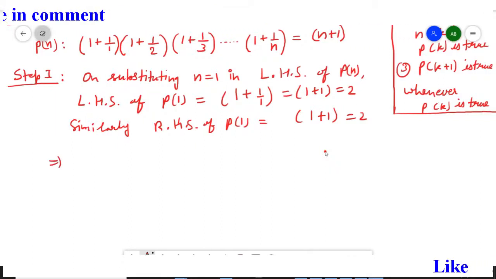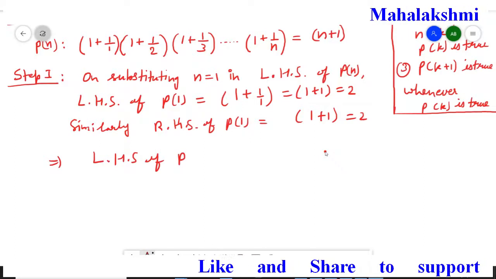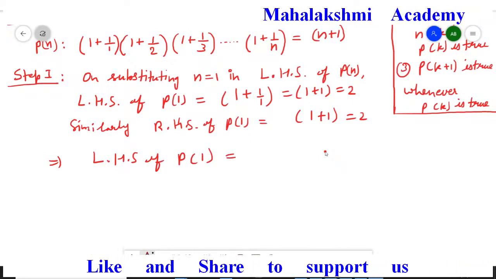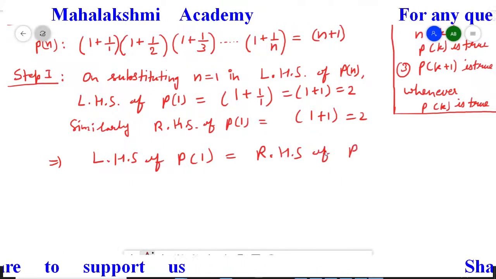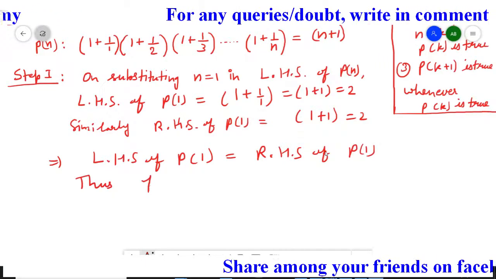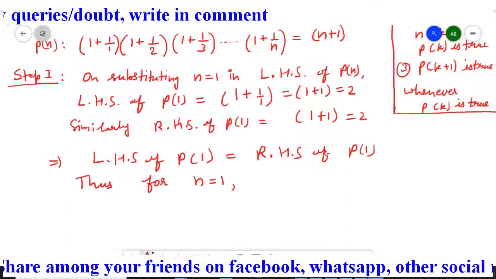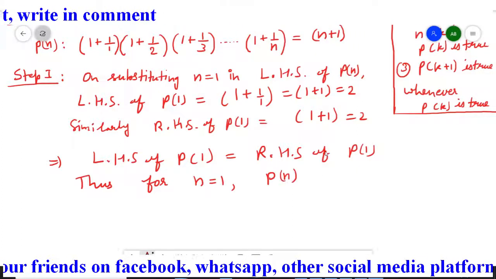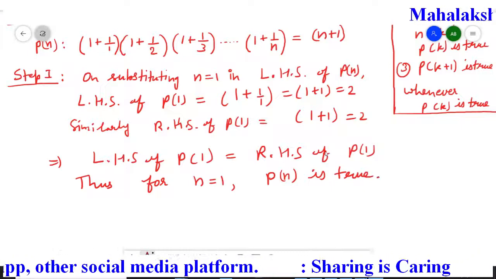Which implies left hand side of P1 is equal to right hand side of P1. Thus for n equal to 1, Pn is true. So step 1 is completed.